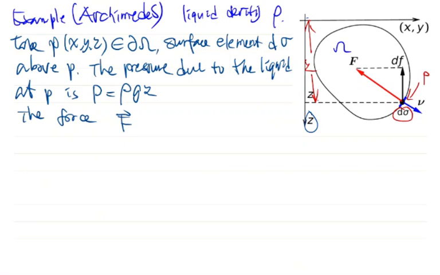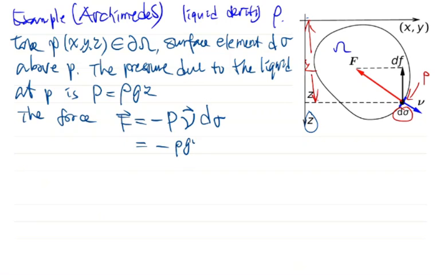So this F is minus P nu d sigma. Nu is the outward unit normal vector, but F points inward, therefore we have a minus sign here.